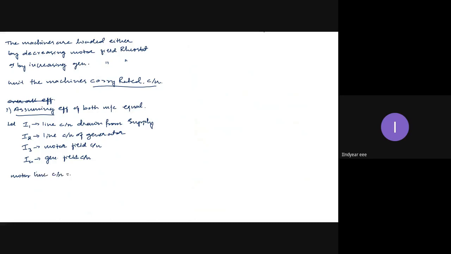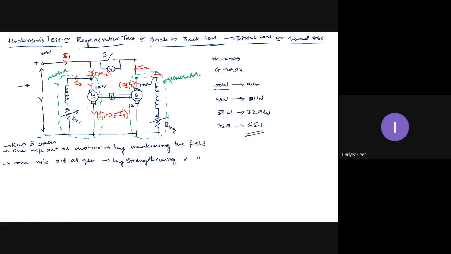Motor line current equals I1 plus I2. Then the motor armature current: out of I1 plus I2, the I3 value is flowing into the field. So the remaining current is I1 plus I2 minus I3.